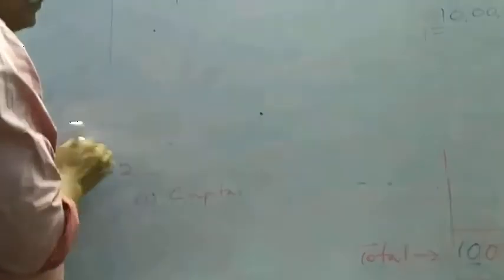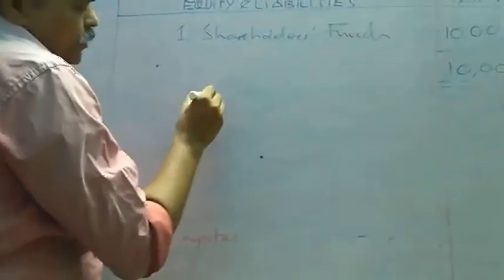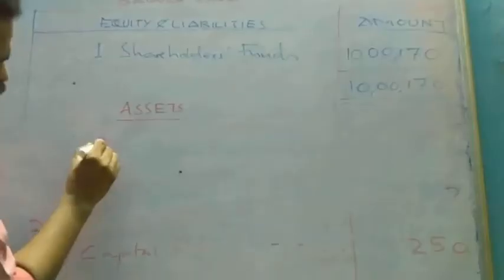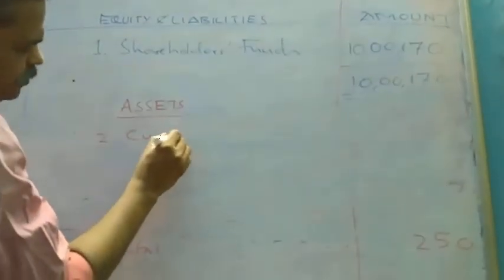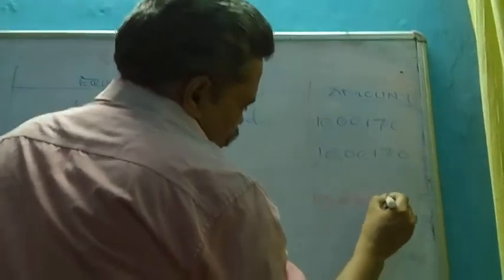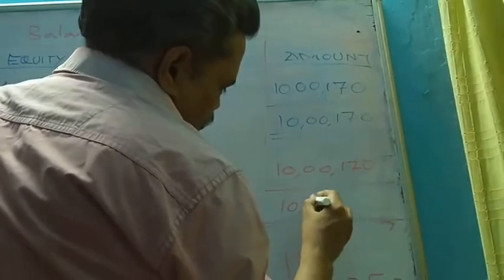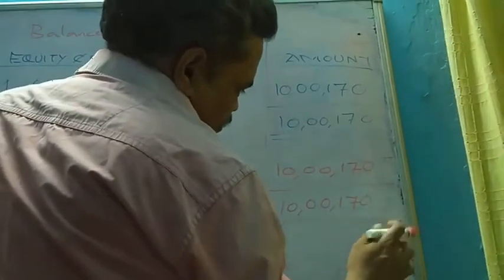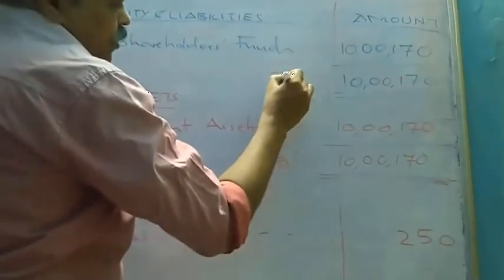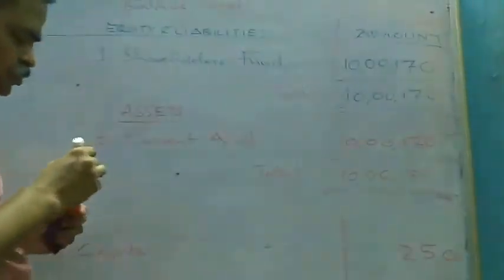Then on the other side, same amount will be there. Heading will be asset side, assets. Second heading number 2, current assets. It will be 10 lakh 170. Here you write the total.